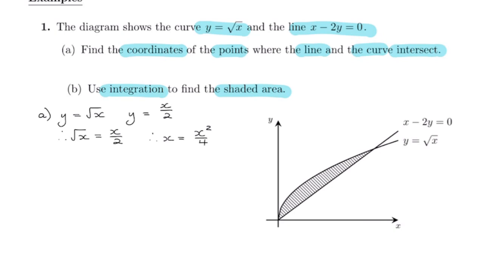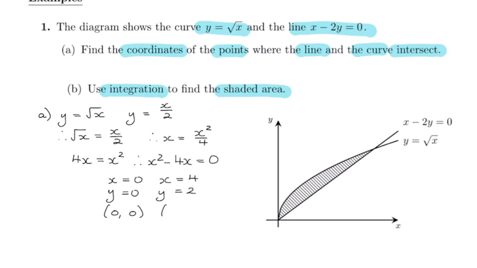Multiply both sides by 4, you get 4x equals x squared. Therefore, x squared minus 4x equals 0. If you solve that quadratic, you get x equals 0 or x equals 4, and then substitute it back in, you get y equals 0 and y equals 2. So the two coordinates are (0, 0) and (4, 2).